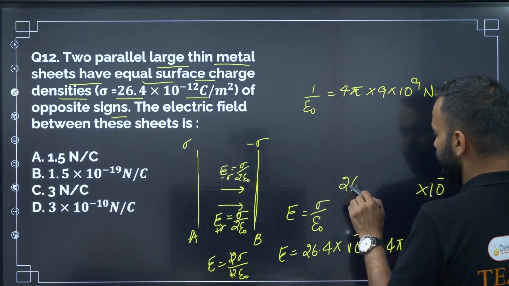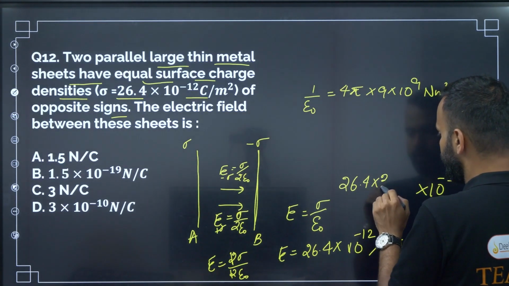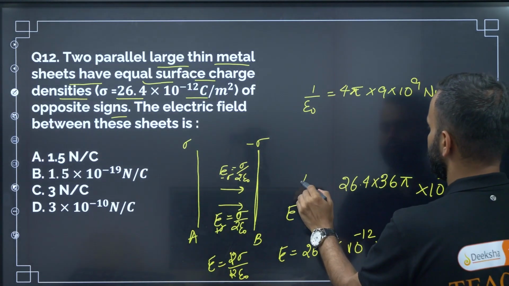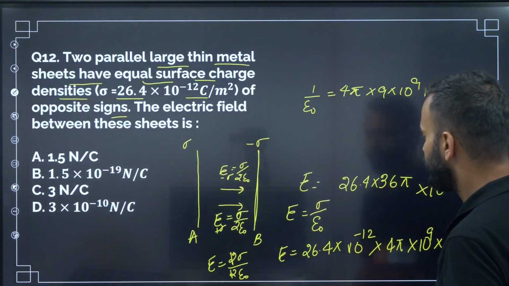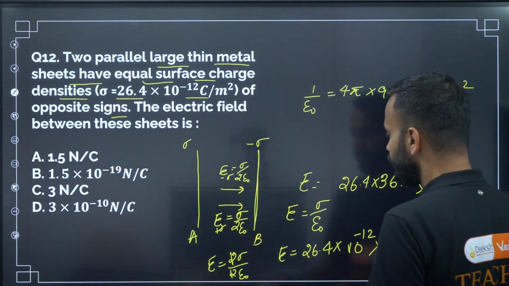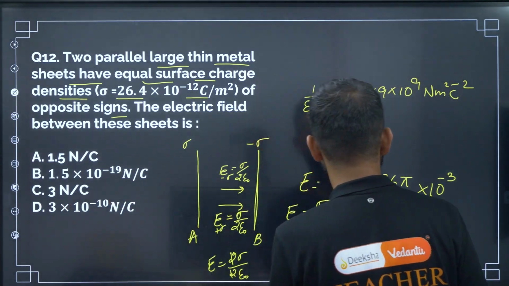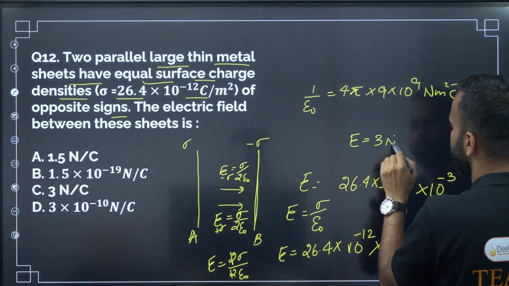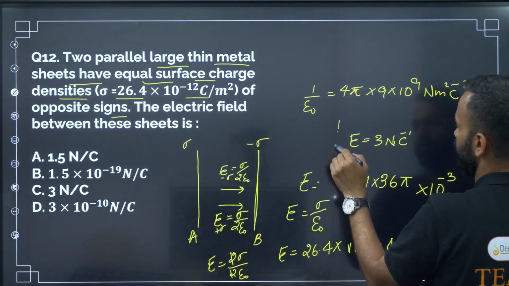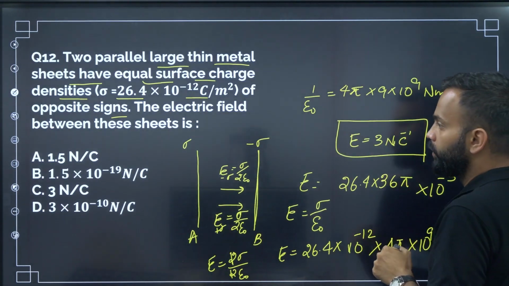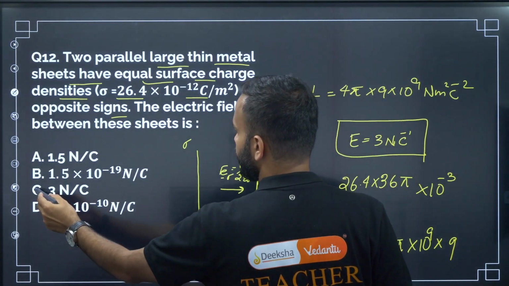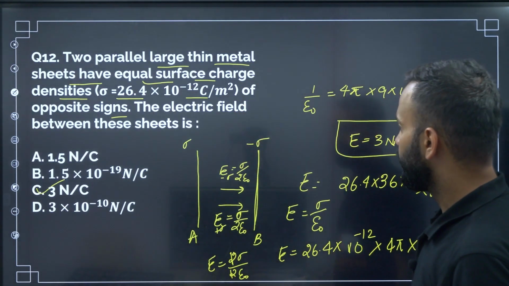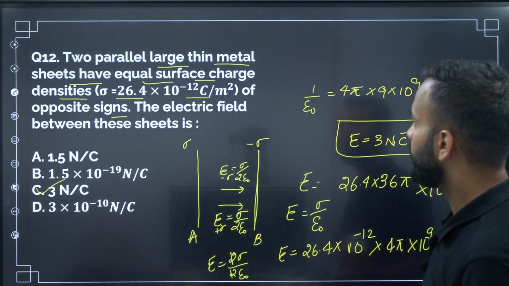So 26.4 into 36 pi. Now solve this, and you will get the answer 3 Newton per coulomb. E is approximately equal to 3 Newton per coulomb. So the correct option is C. Next question.